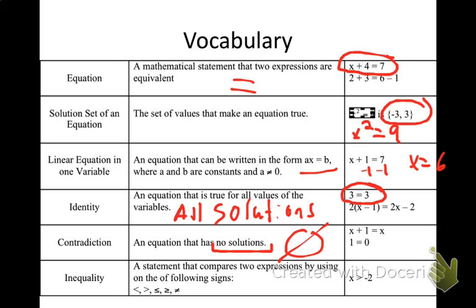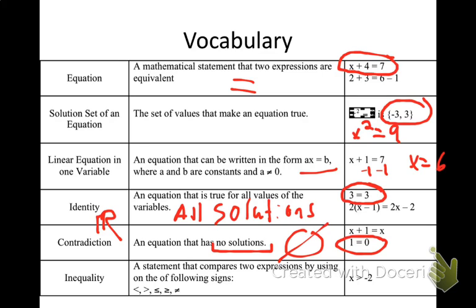Sometimes for all solutions, they will say all real numbers or use the real number sign, which looks something like that. It's popping up here in a sec. There it is. Those are the symbols you could use, but if you use all solutions and no solutions, that is just fine. You get no solution when your final statement is a false statement. For example, 1 equals 0 is a false statement.